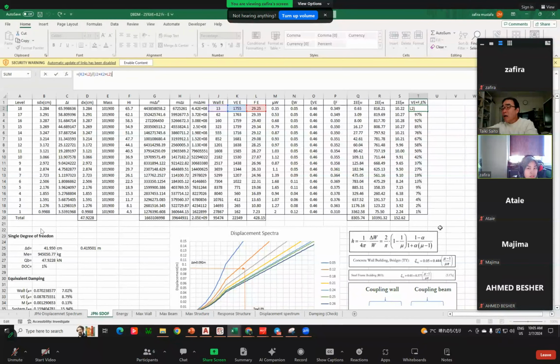You also calculate the energy of the wall? Yes, we need the total energy in the system. So it's the ratio of energy from the damper to the total system. In our model, we only have wall and damper, so I think that's the ratio that I use.